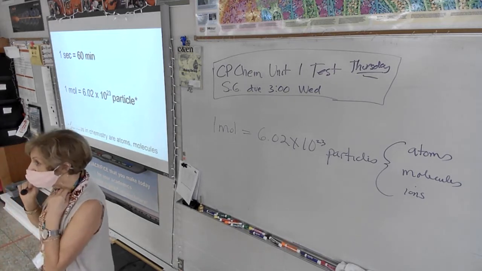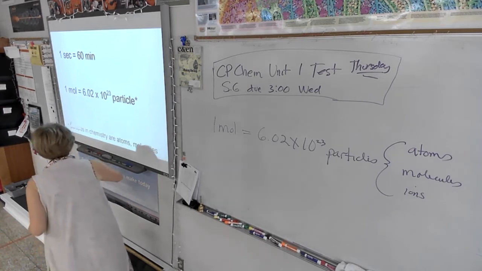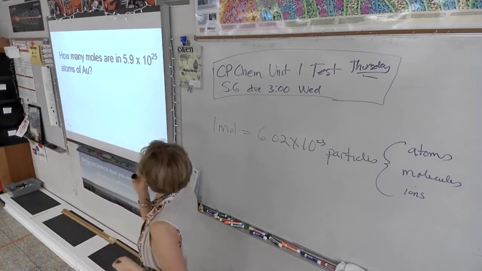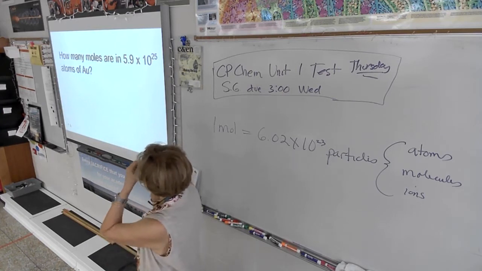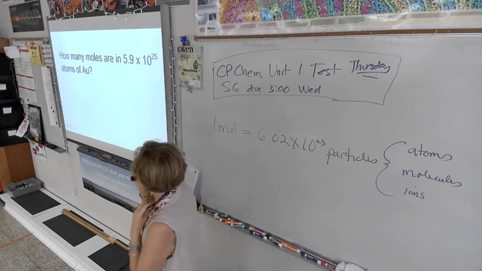All right. We're going to try 2 mole conversion problems. Are you ready? Here we go. How many moles are in 5.9 times 10 to the 23 atoms of, what say you? Gold, A for the day.